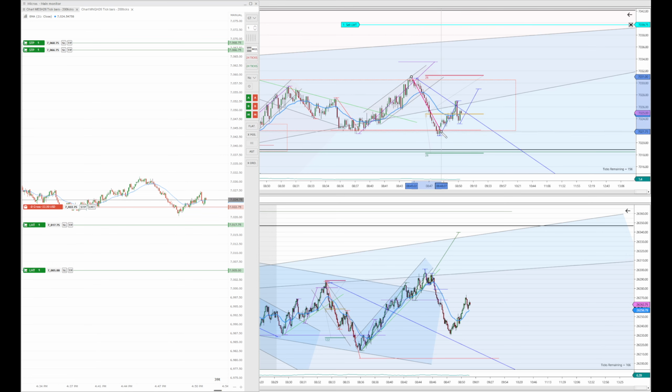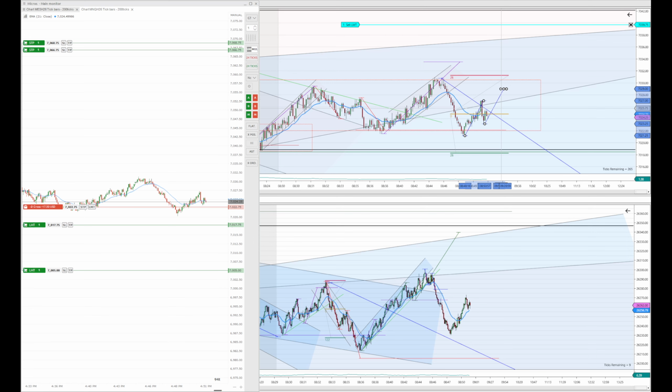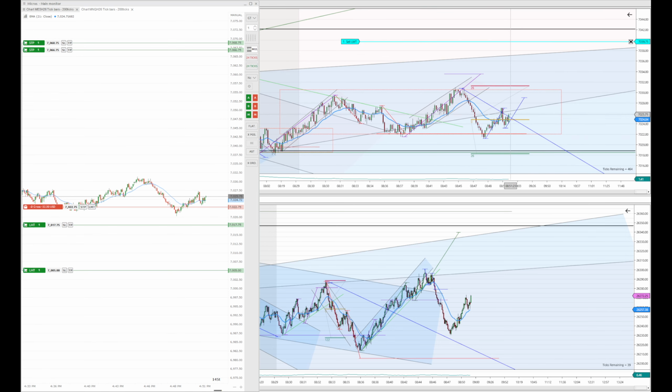So I'm hoping for a smaller level failed entry, second entry long, something like this to take a short up to here. Now it would be nice if this second attempt higher would fail to make a new high.